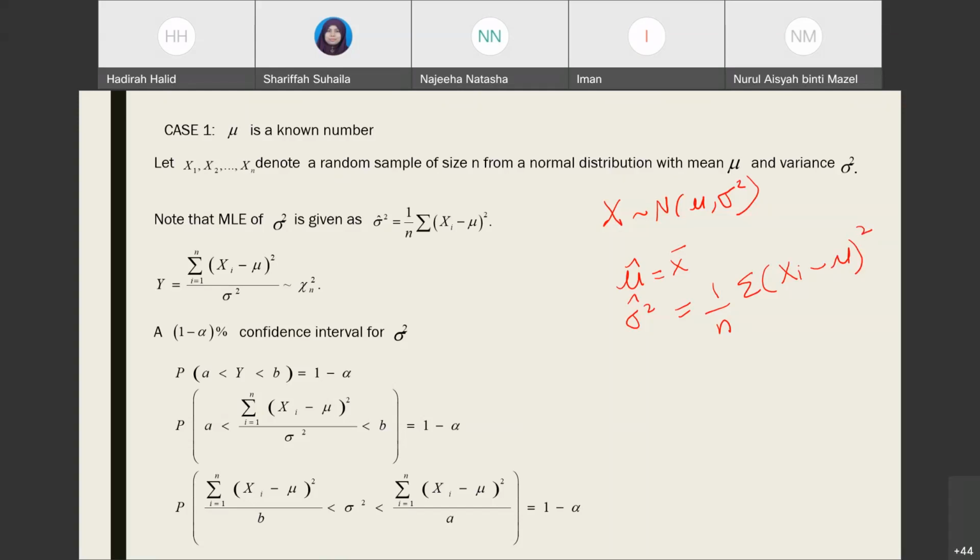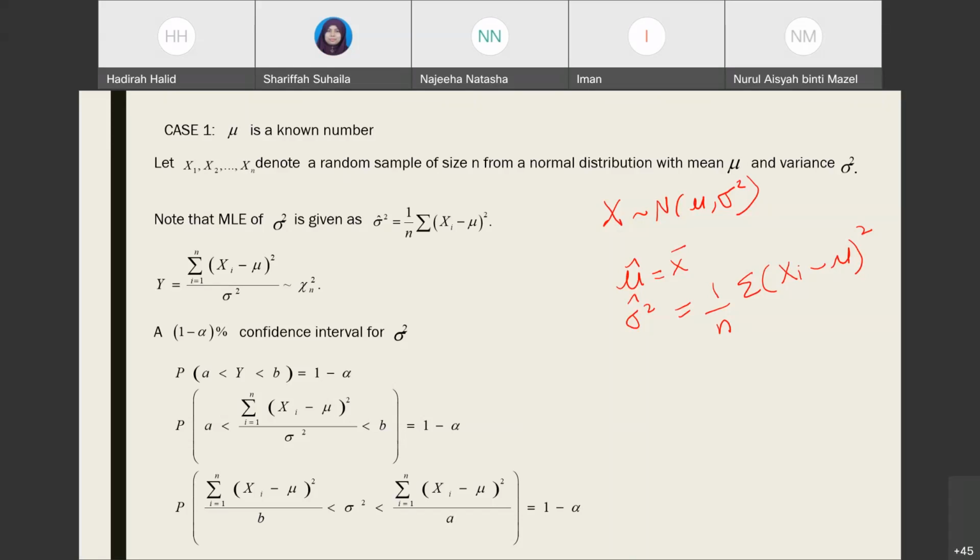Okay, so recall that I already mentioned the relationship between the standard normal and the chi-square distribution. When you have a standard normal distribution, normally we write z equals (x minus mu) divided by sigma, right?